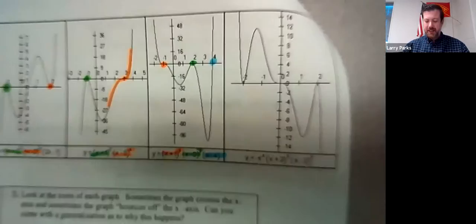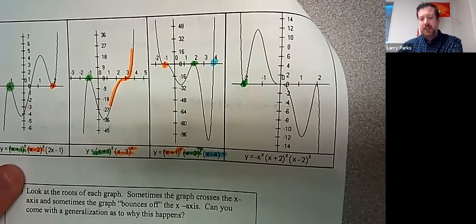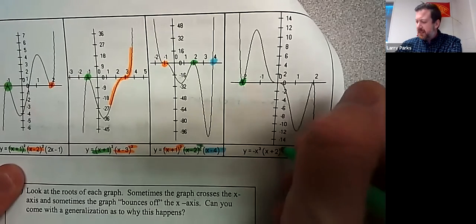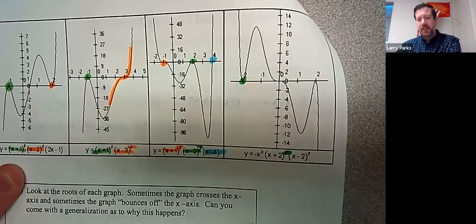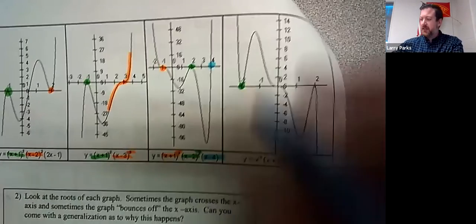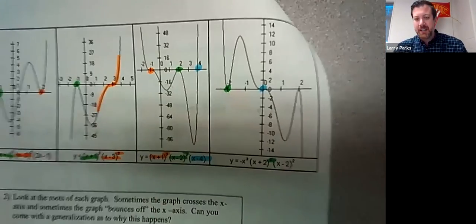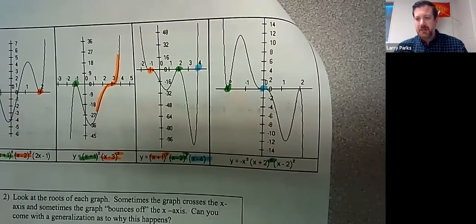So what I want you guys to get used to is if you see a bounce, that'd be x plus 2 is the factor. You should be looking for even. Anytime you see a squiggle, so I'd call this a squiggle, you should be looking for odd, and so that'd be 0.